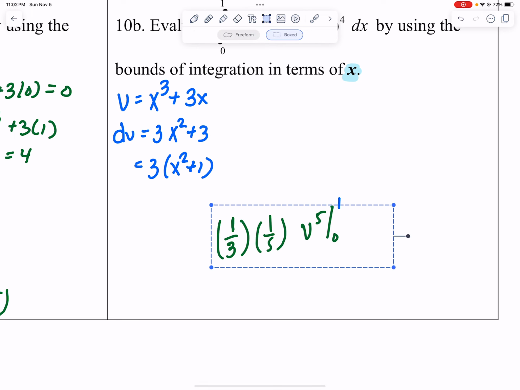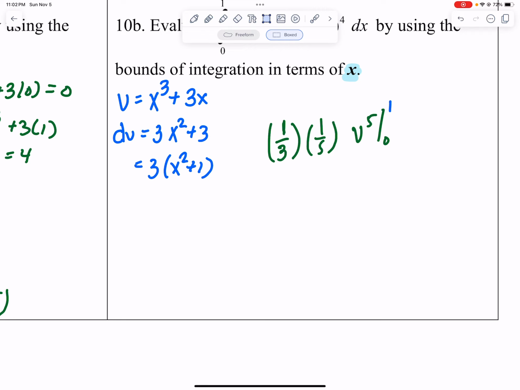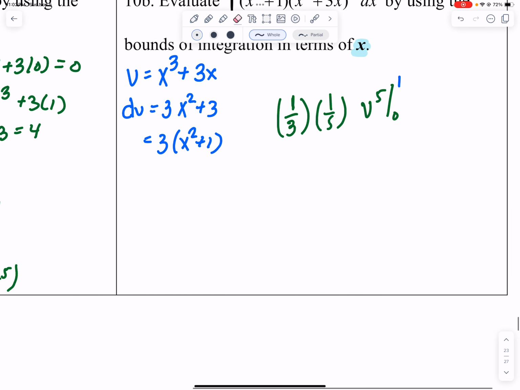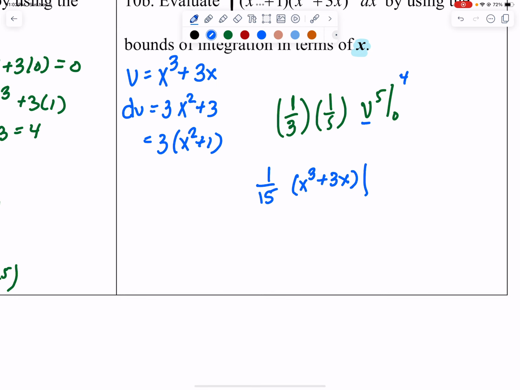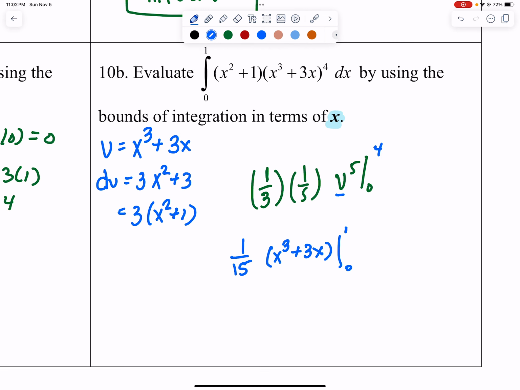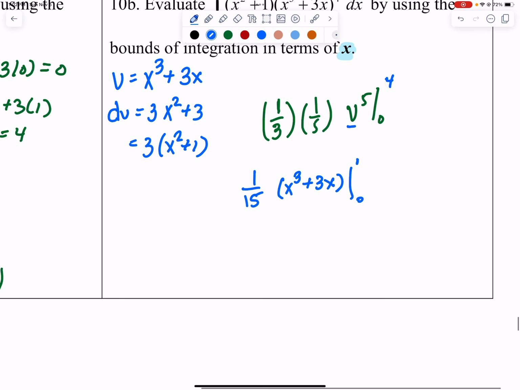So here, my bounds of integration was from 0 to 1 because, not 0 to 1, 0 to 4 because we changed the bounds in terms of u. But if I were to substitute in u for x cubed plus 3x, my bounds are not going to be from 0 to 4, but it's going to go back from 0 to 1. And then we're just going to evaluate that.